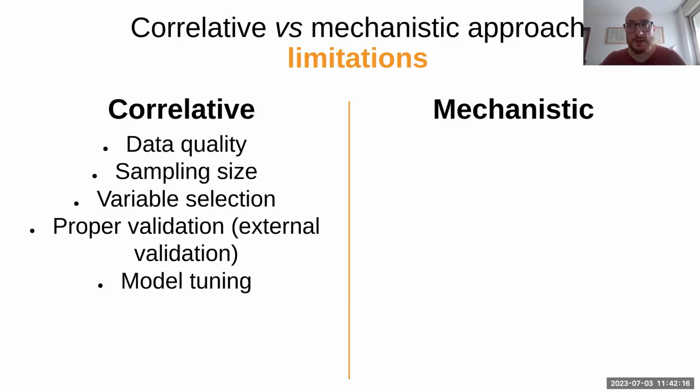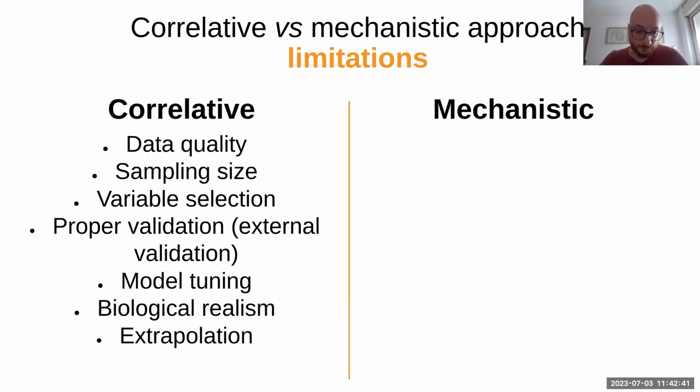The model tuning, so it's important, in case you use machine learning approaches, to properly tune the hyperparameters of the algorithm. In case you focus on linear models, it is important to carry out a rigorous model selection.